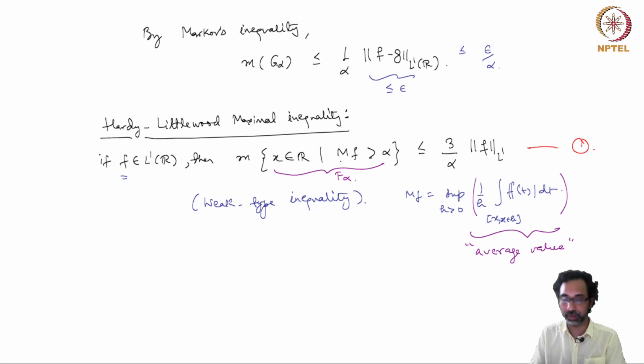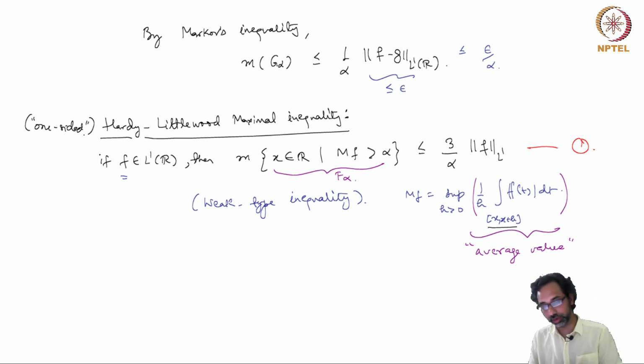the set where the maximal function is greater than alpha. Our maximal function was slightly different in the one-dimensional case because it's only one-sided, only for positive values of h. This is a one-sided Hardy-Littlewood maximal inequality.